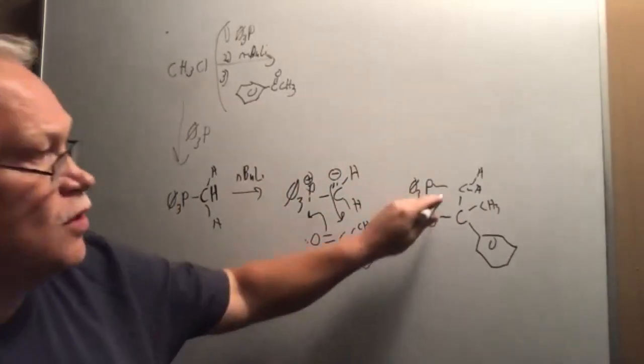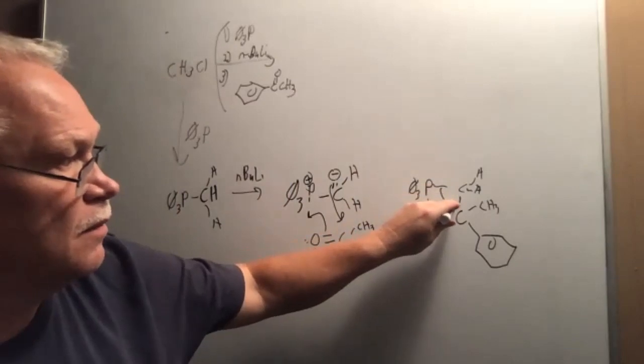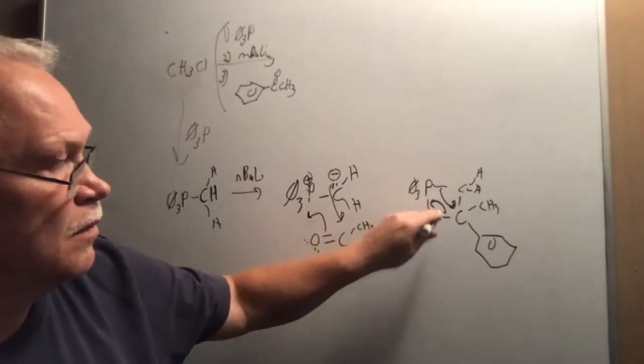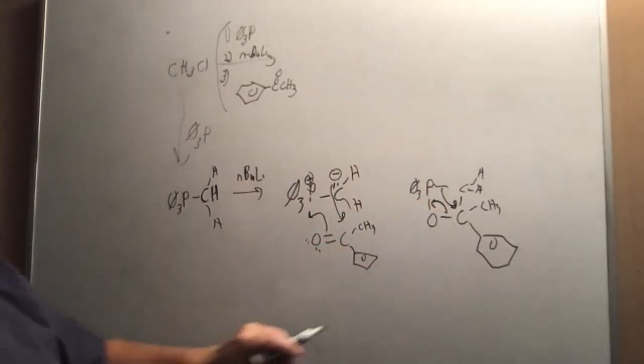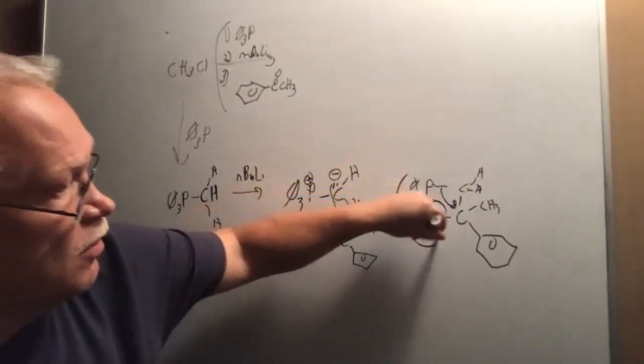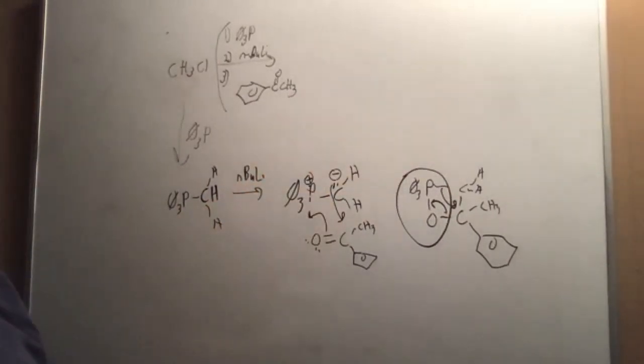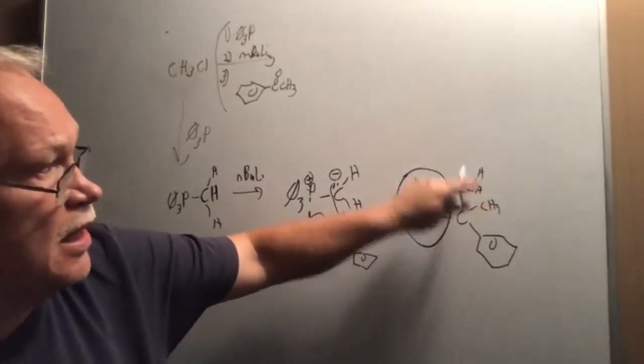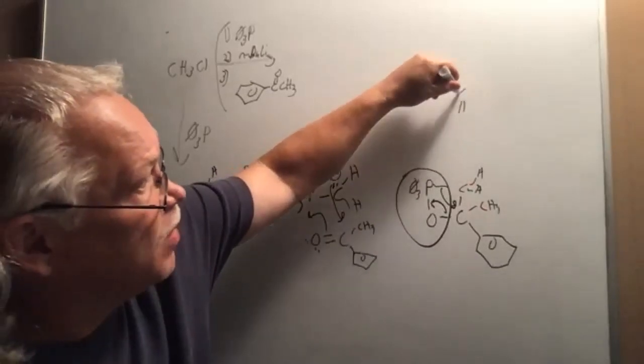Now we're going to just do the electrons again. And notice what that gives me. The phosphorus with the triphenylphosphine now becomes attached to the oxygen. And notice what we get here, the double bond.